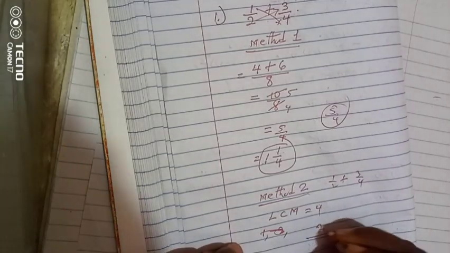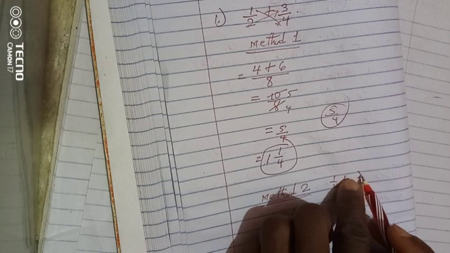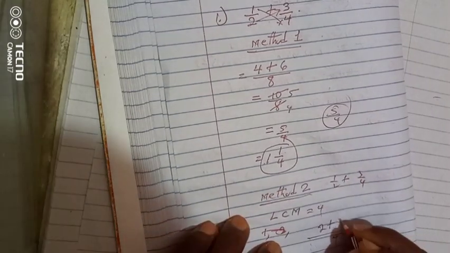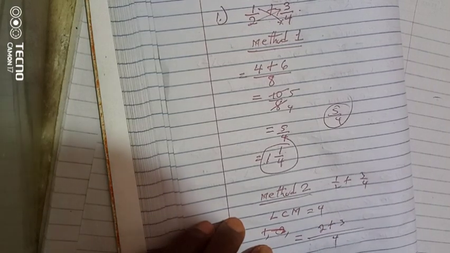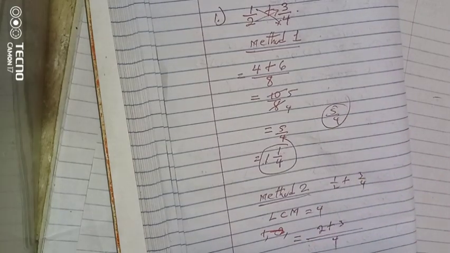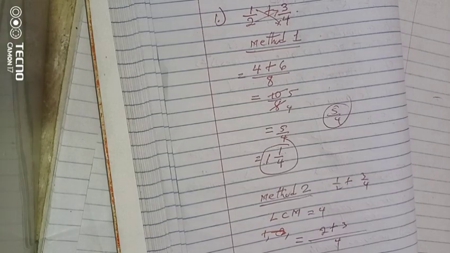Plus 4 times 3 is 12, and 12 divided by 4 is 3. So you get 3 plus 2, which gives us 5 over 4. Bring it back to the same 5 over 4, your answer is still 1 and 1 over 4. That's method 2.